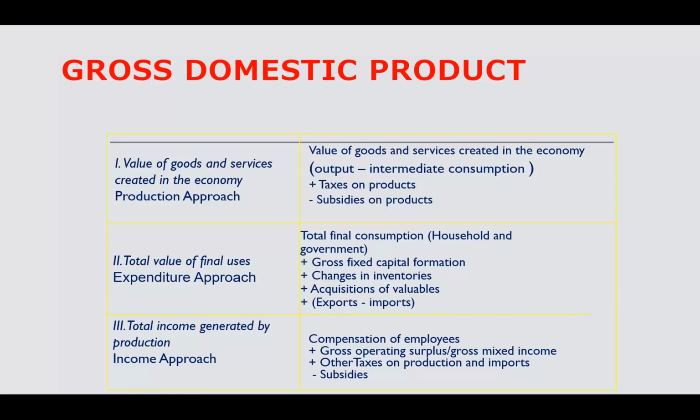With the expenditure approach, it is total final consumption plus gross fixed capital formation plus changes in inventories plus acquisition of valuables plus exports minus imports. And with the income approach, it is calculated as compensation of employees plus gross operating surplus, gross mixed income, plus other taxes on production and imports minus subsidies.